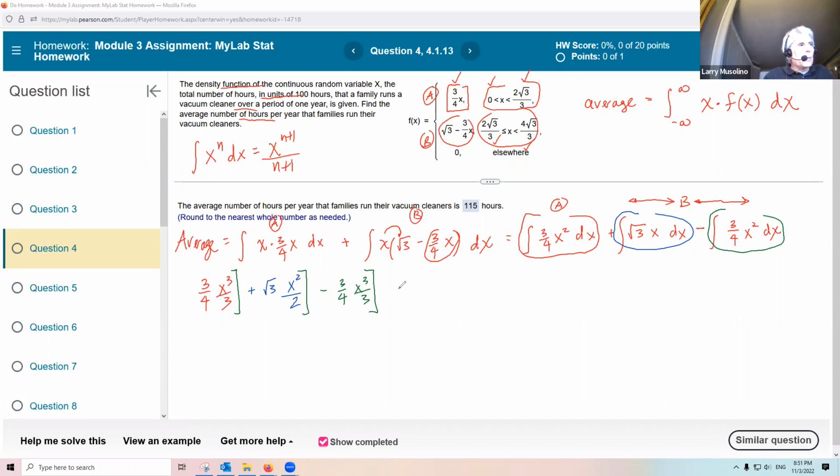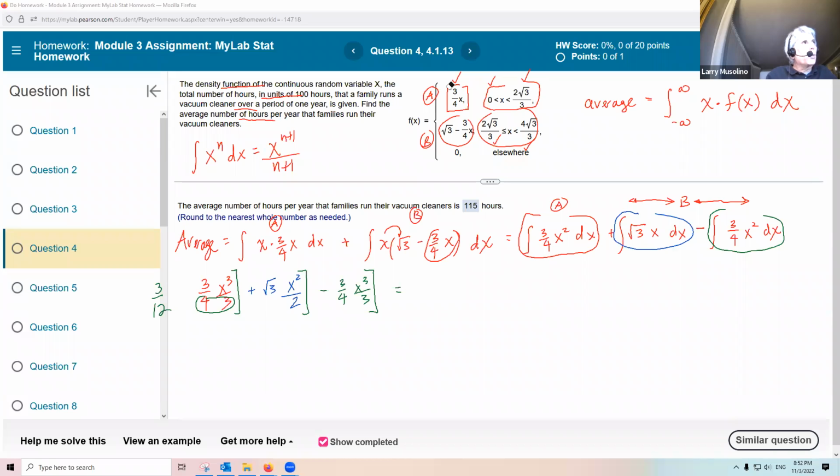Let me just clean this up one more time, because I'm going to write this with a denominator of 12 here. So this is going to be 3/12, but that's just 1/4. So I'm just going to write this as 1/4 x to the third. Let me stay with the same color coding here, so let me keep this one in red.